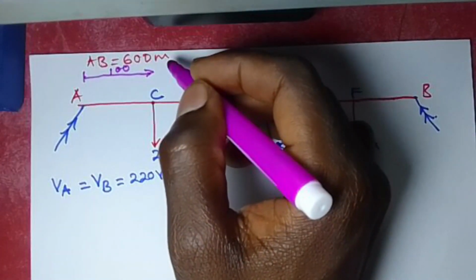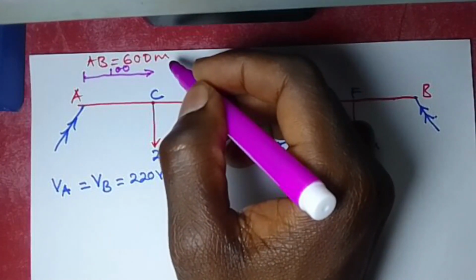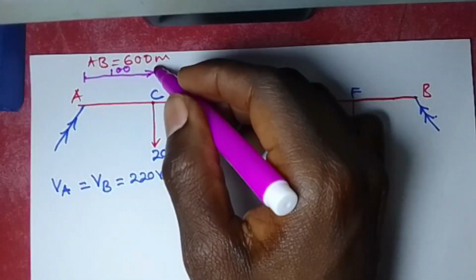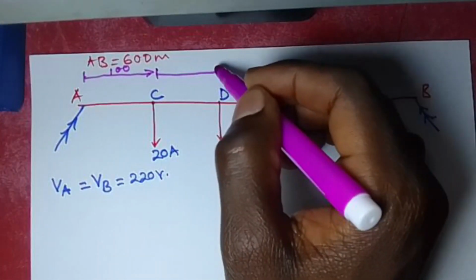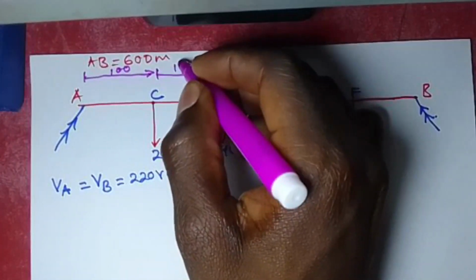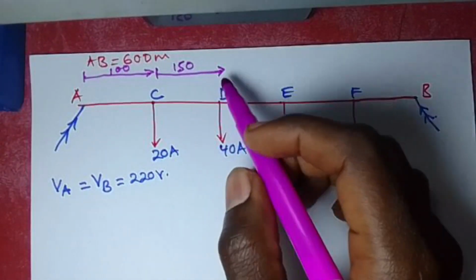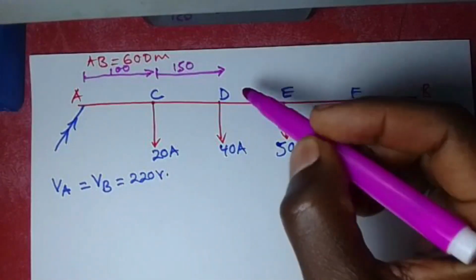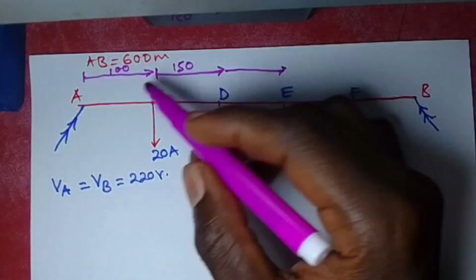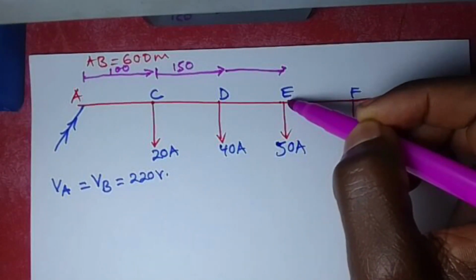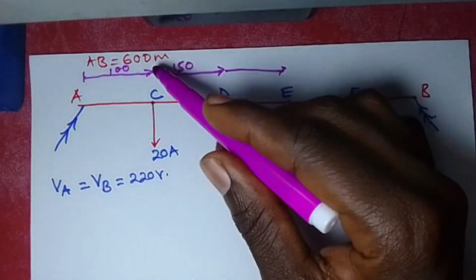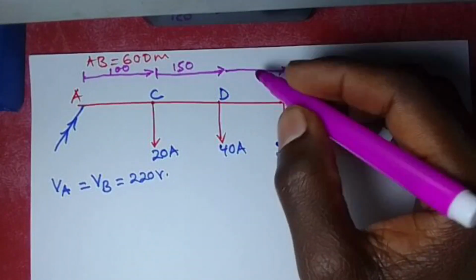Then C to D: the distances are measured from point A, so from A to D is 250. That means from C to D is going to be 150. Simply subtract 250 minus what you've got there. Then D to E: from A to E is 400, so from D to E is 400 minus 250, which is 150.